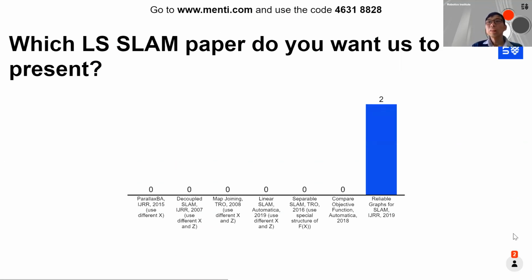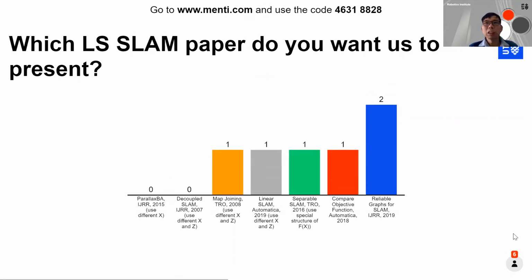Yeah. I just want to see your interest. I'll give you a very brief idea about what they are, and then you can tell us which one you're more interested in. If more people are interested in a particular paper, we can talk about that.